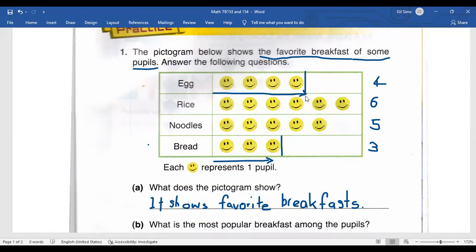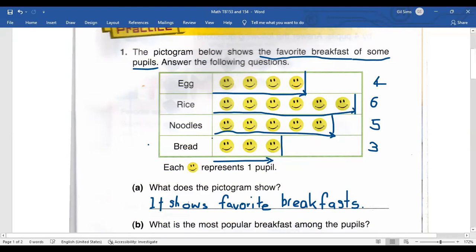There's our line. Then our next one is noodles. All the way up to here. And the most popular is all the way to the end, the rice. That's a graph. There's our graph, but we're using pictures.